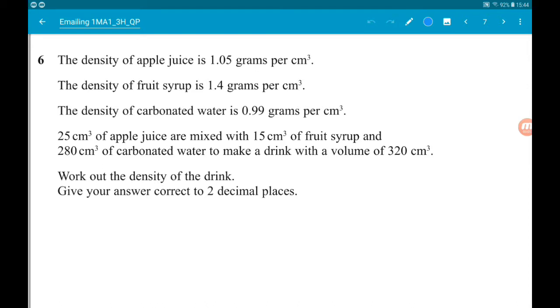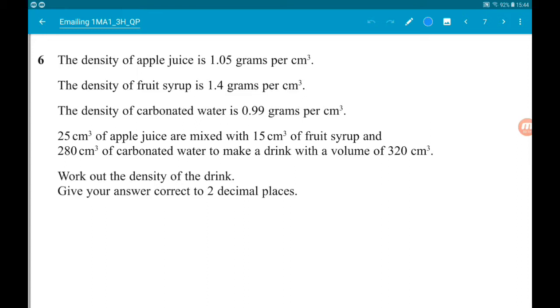Okay, number 6. It looks a lot scarier than it is. So the density of apple juice is 1.05 grams per centimetre cubed. The density of fruit syrup is 1.4 grams per centimetre cubed.